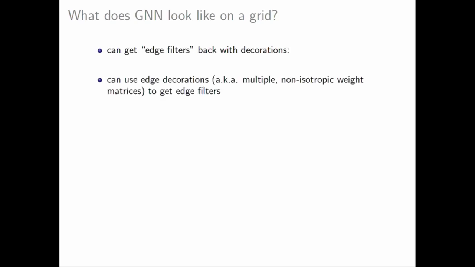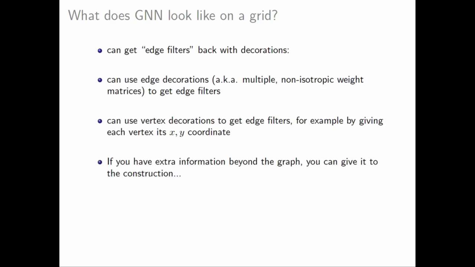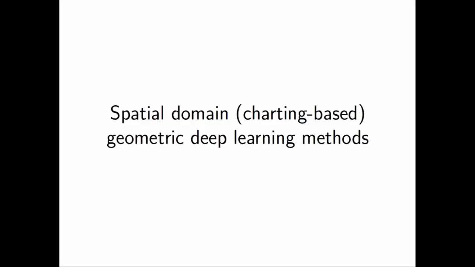There are other ways as well. You can use edge decorations. You can use other things as well. Michael will talk about something else. And in general, if you have extra information beyond the graph, you can give this to the construction.